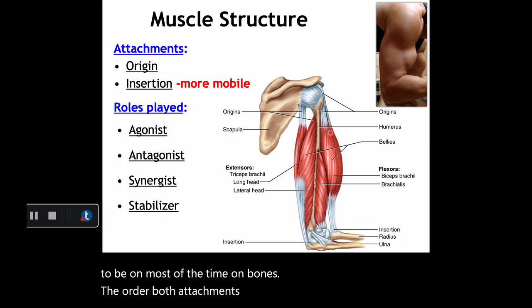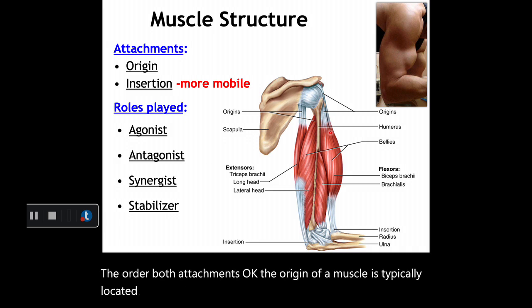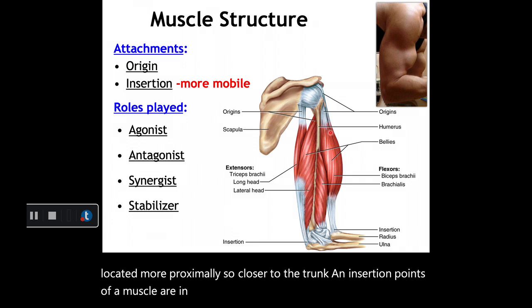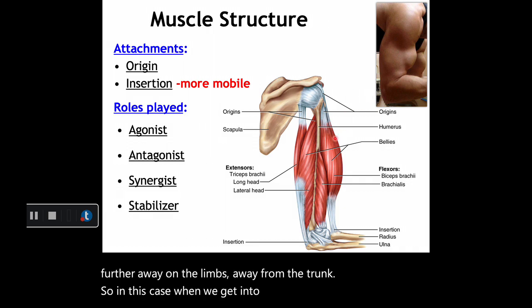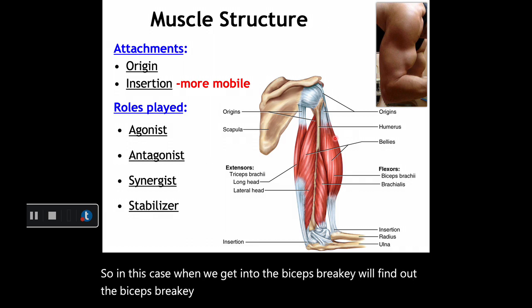The origin of a muscle is typically located more proximally, so closer to the trunk, and insertion points of a muscle are, in opposition, typically located more distally or further away on the limbs, away from the trunk. So in this case, when we get into the biceps brachii, we'll find out the biceps brachii has two heads to it.